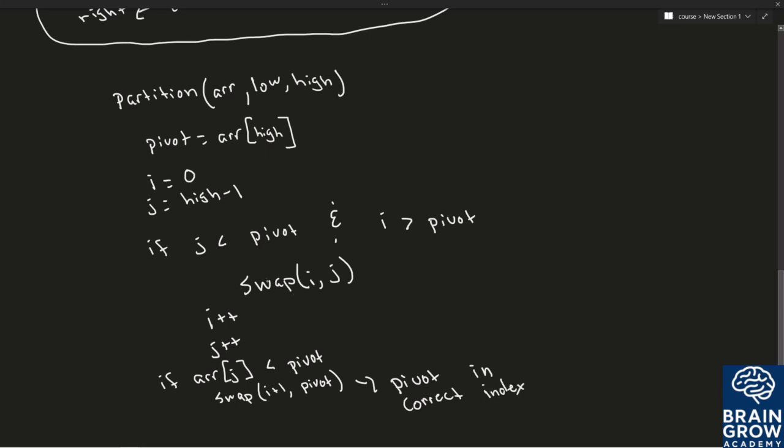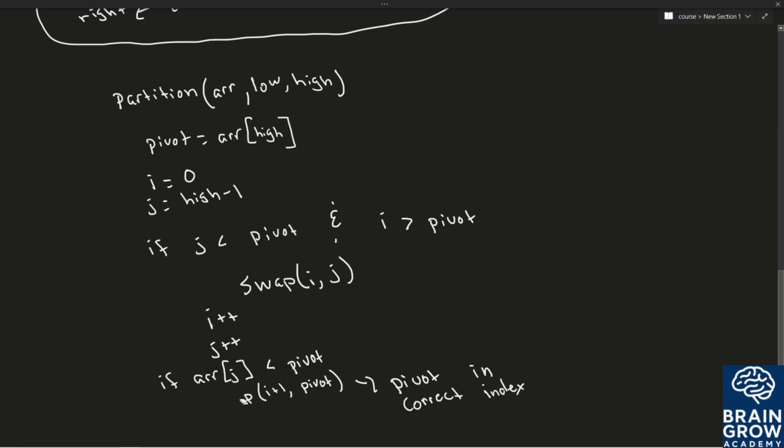Right? So again, we're checking to see if j is less than pivot, and if i is greater than pivot, then we want to swap i and j, and then we also want to increment until this condition is satisfied. And then once array of j is less than the pivot, then you want to swap.